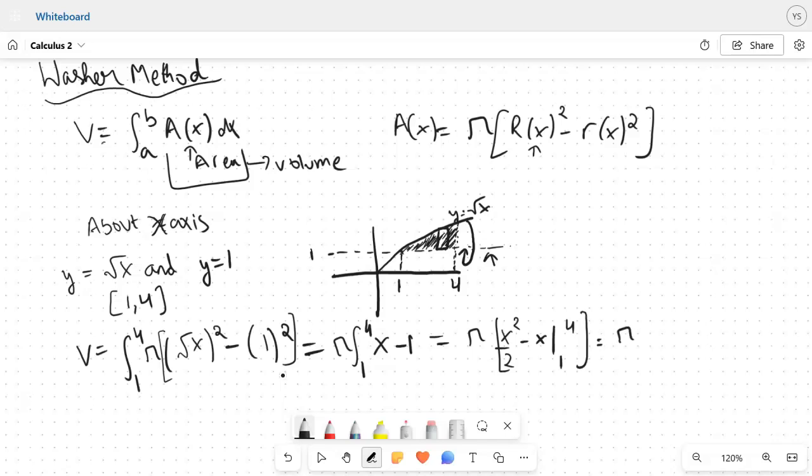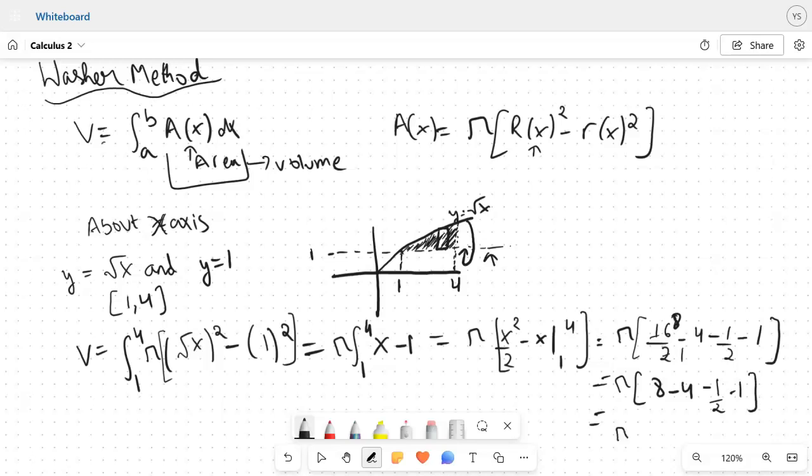We try putting in those values. It is going to be 16 over 2 minus 4, minus 1 over 2 minus 1. So this is going to come down to 8 minus 4, minus 1/2 minus 1. 8 minus 4 is 4, 4 minus 1/2 minus 1.